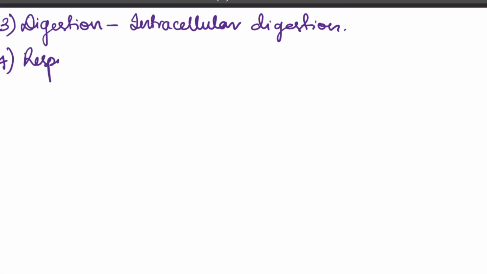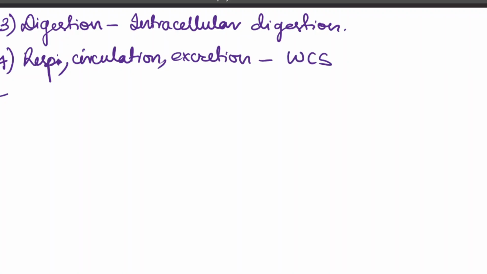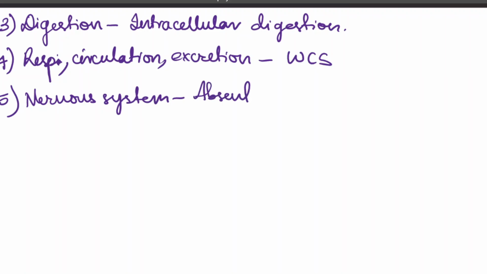Next is respiration, circulation, and excretion, which are done by the water canal system. The fifth one is the nervous system. It is absent here, because these are very primitive organisms, right? Next is reproduction.